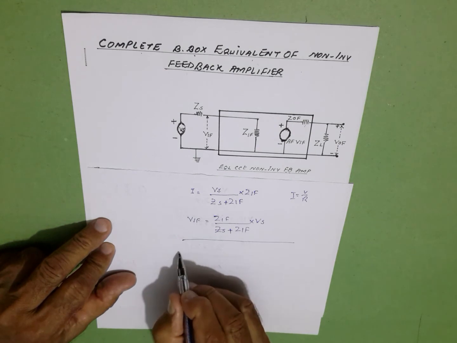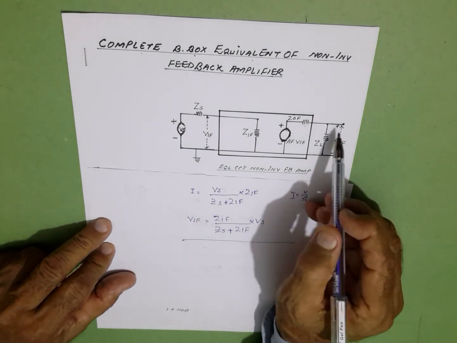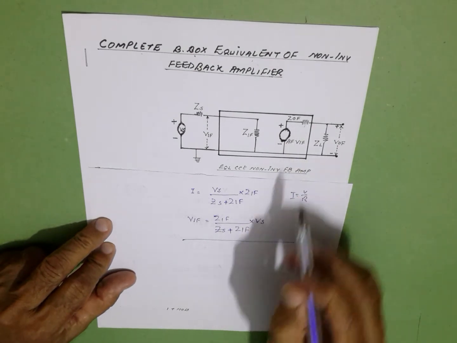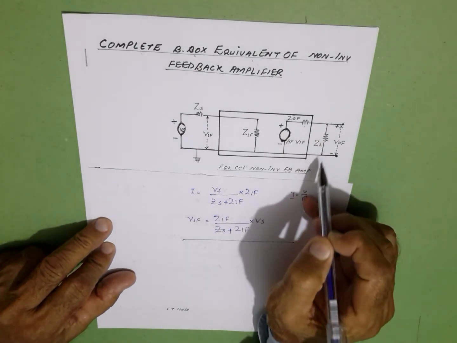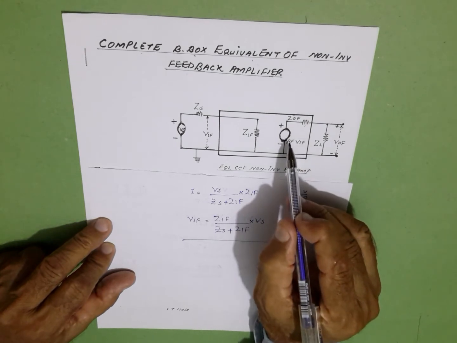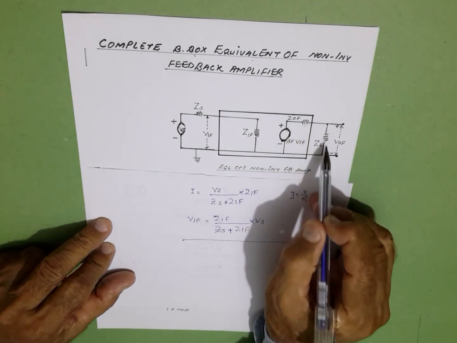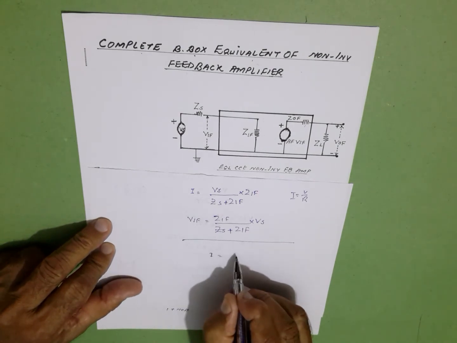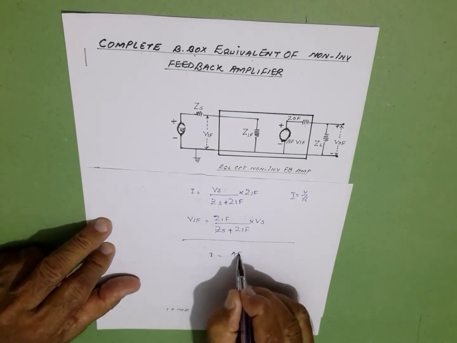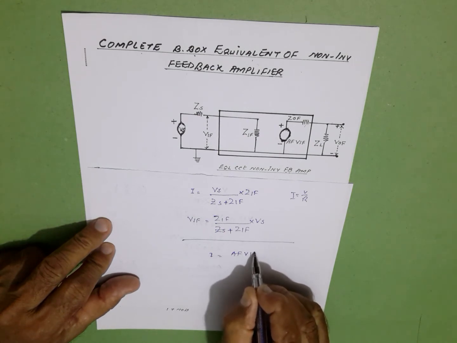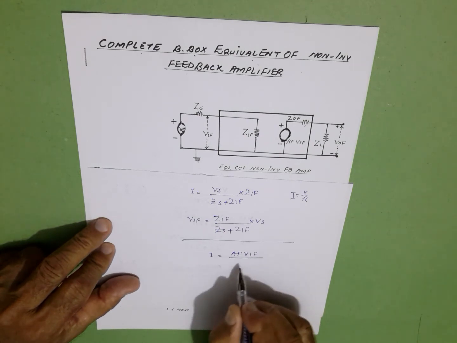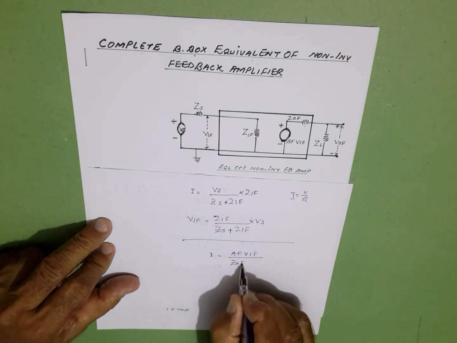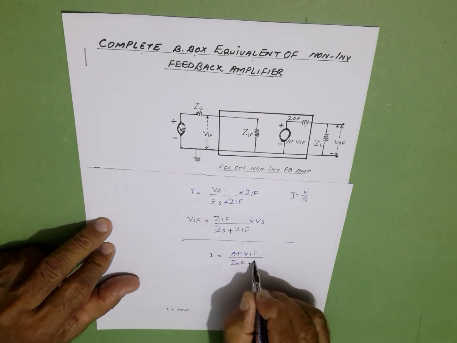Then we want to find out VOF. This is the source voltage, and these are the two impedances. We will first find the current flowing in the circuit, and that current is equal to AF VIF divided by ZOF plus ZL.